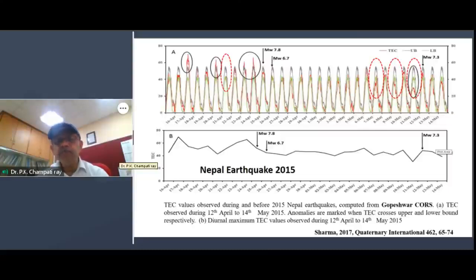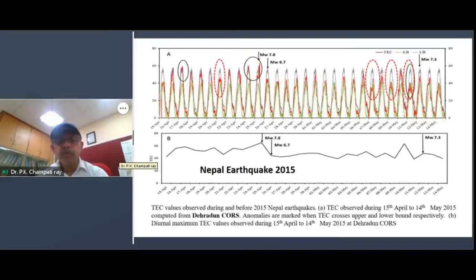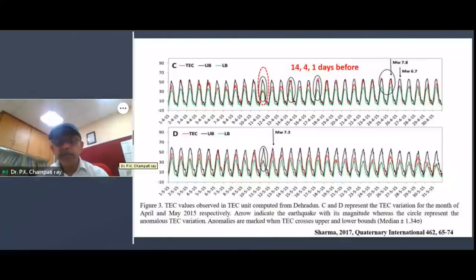This is using not the global instrument but our own instruments, which you installed in the Garhwal Himalaya. All the 3 events that we have studied used 2 primary stations: one at Dehradun and another at Chamoli. The global data set we also analyzed, and it shows that 14 days before, 4 days before, and 1 day before we had the anomaly.